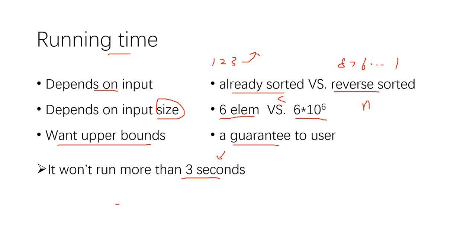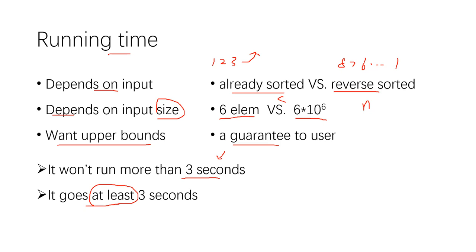Okay, on the other hand, if we give the lower bound, for example, you tell others the program runs for at least 3 seconds. Does that give us any useful information about this program?